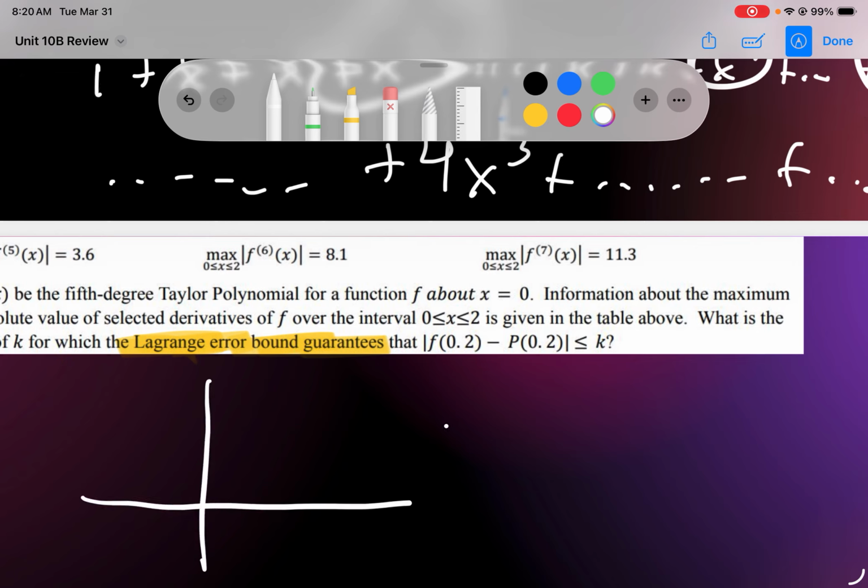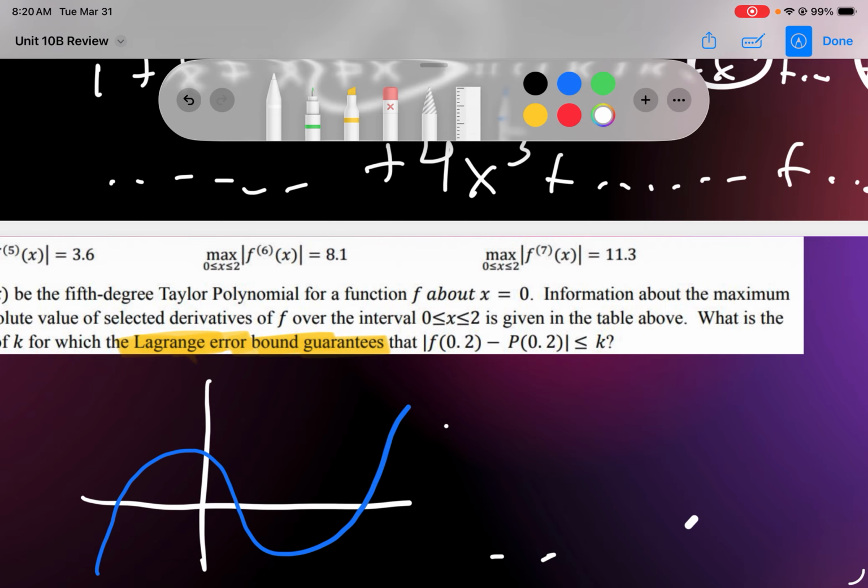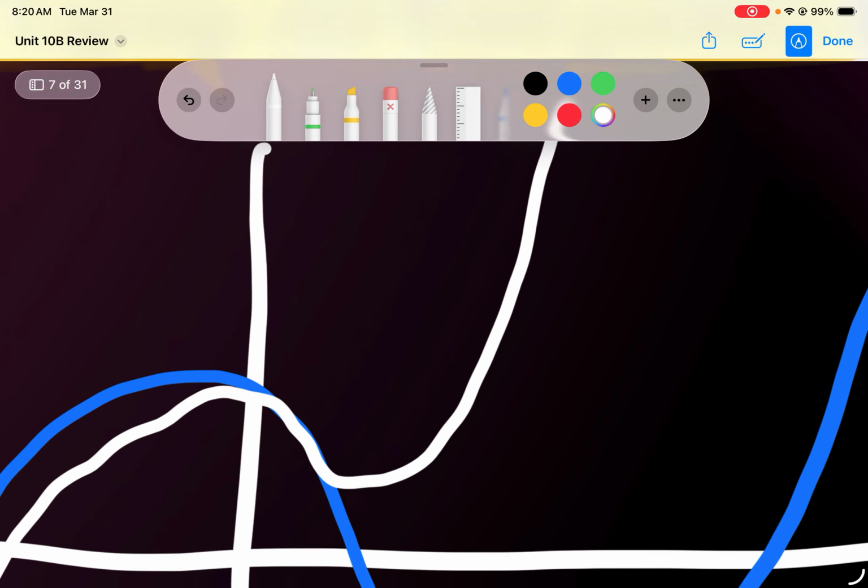So you have this polynomial and it's centered around 0. There's this actual function value, I don't know what it is, that might look like that. What the Taylor polynomial is doing is approximating, this one's using 5 terms, 5 degrees, and it might look like this.